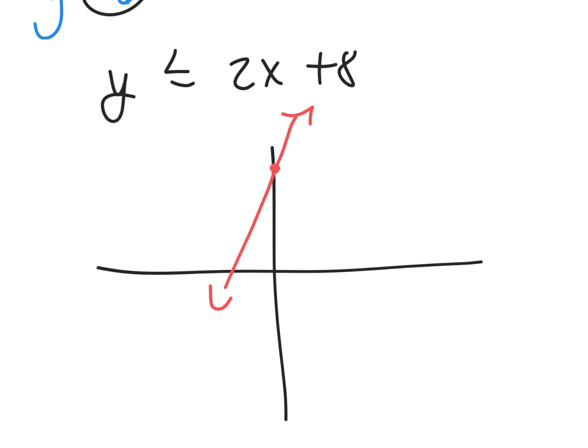How'd you know how steep to make the line? Well, the slope was 2, so I went up 2 and over 1. That's how I picked. And then, which way should I shade? Yeah. It says less than, so I'm going to shade below it.